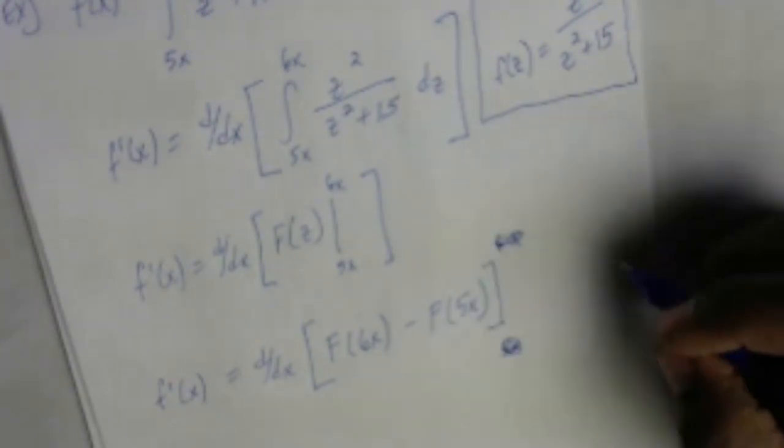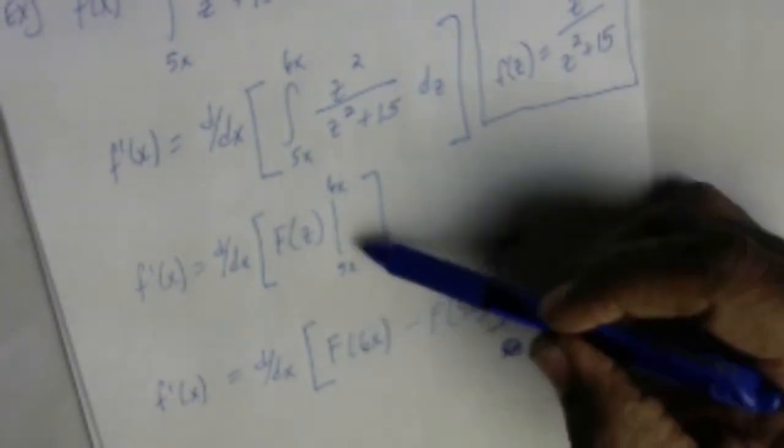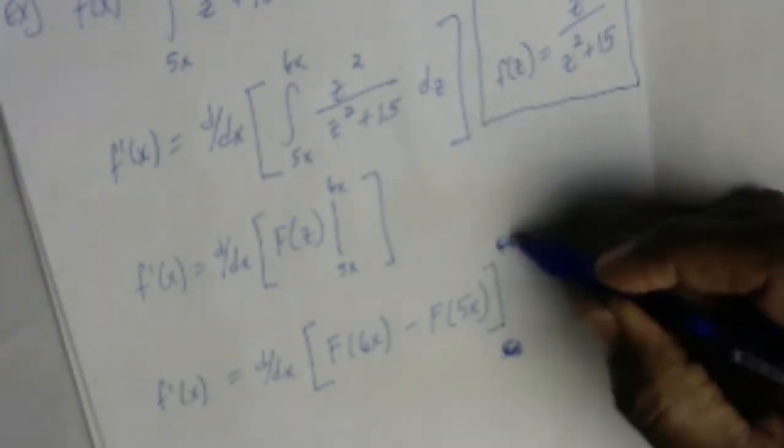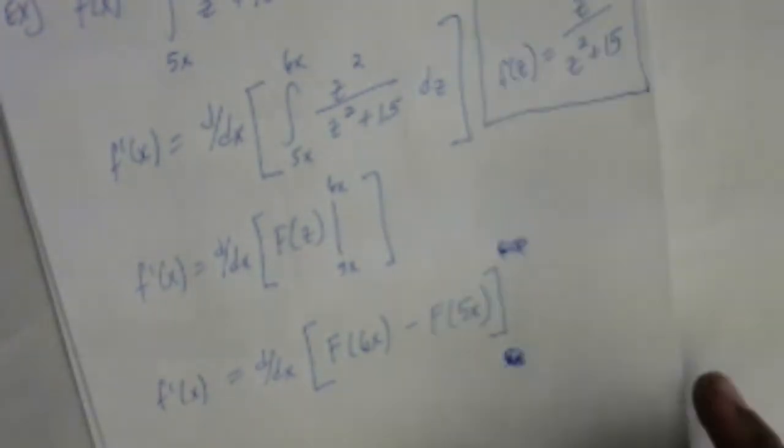Oh, I'm sorry, I already wrote that out. Okay. All right, so 5x. I substituted in b and a. So the limit should actually disappear here. Now I'm going to distribute the derivative operator.